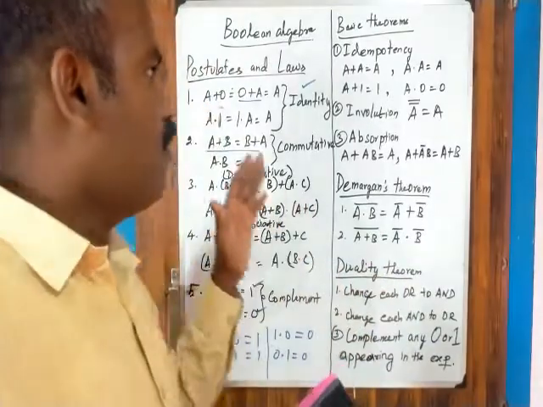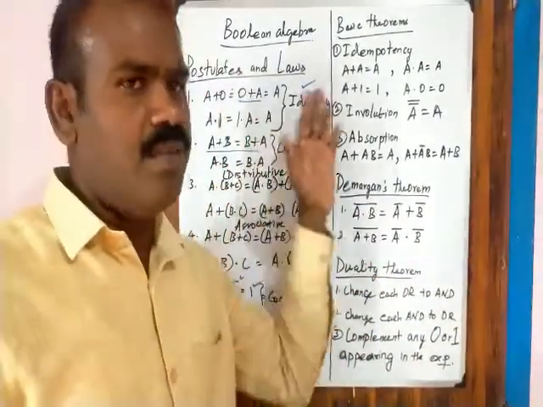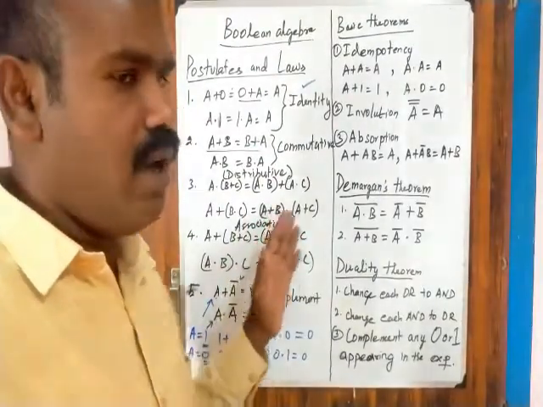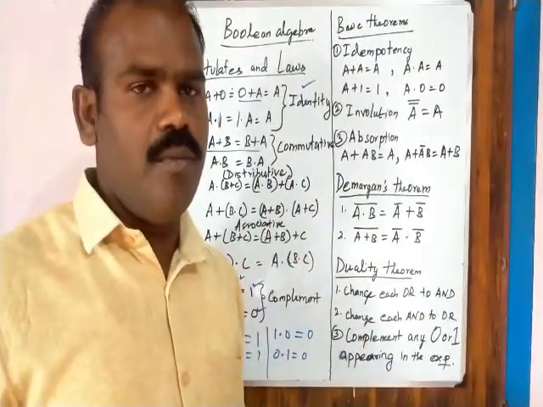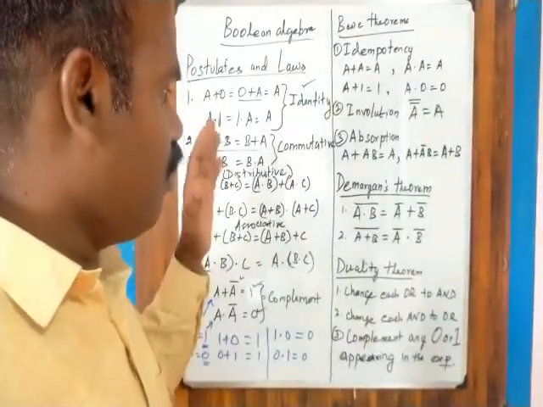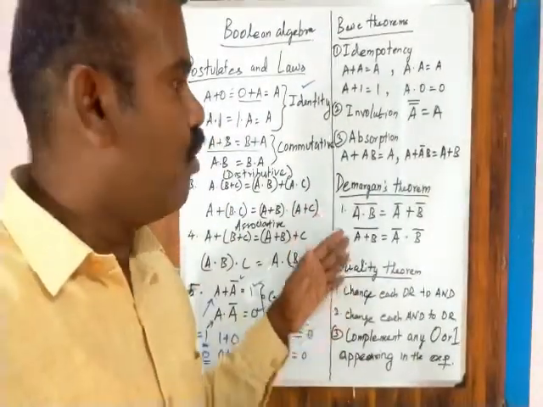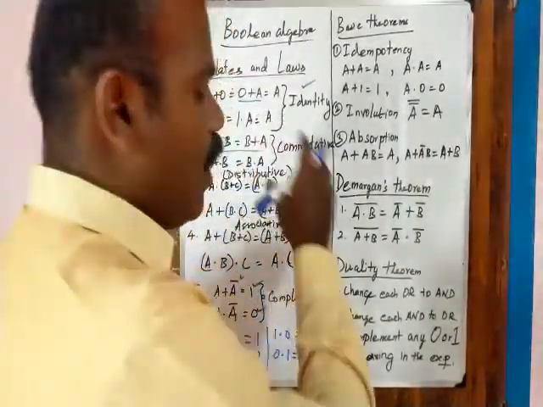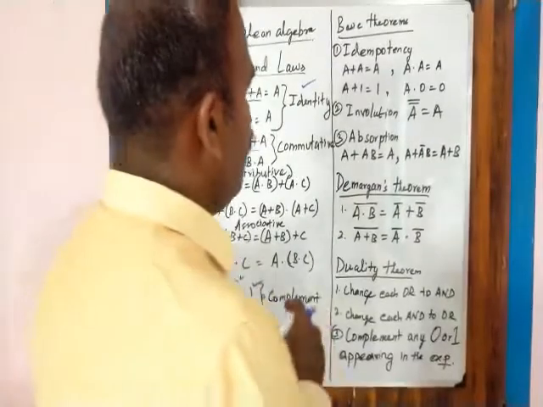For that we have to memorize these postulates. It is very important for reducing Boolean expressions in following classes. So you have to memorize all the things. It is very, very important for digital electronics.